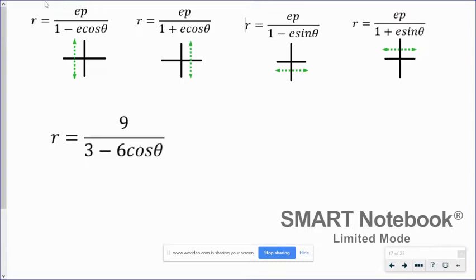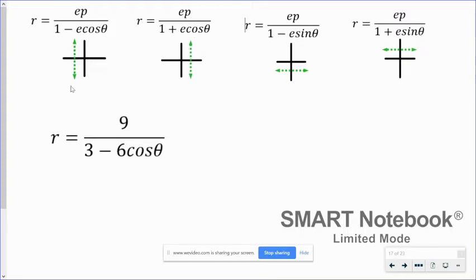So where were we in the last class? We had derived this particular equation right here based on the definition of a conic. We recognized that the directrix in that definition was running vertically to the left of the pole. We then talked about how the trig function that shows up dictates the movement of the directrix from the pole, and therefore by default the orientation of that directrix.